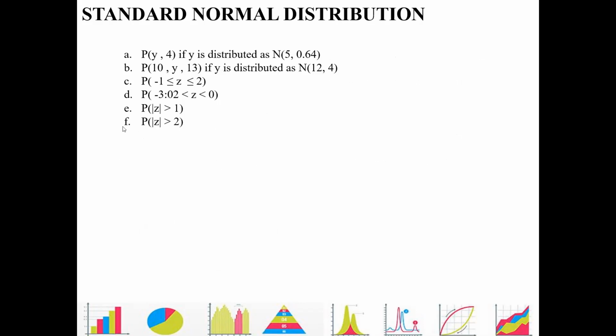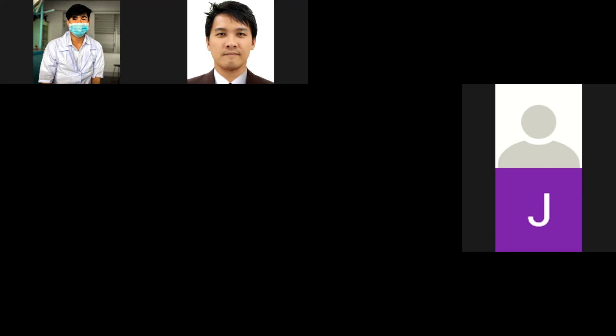Okay, so skip ko muna to. For us to understand this problem, we will go on with our table, which later on, i-upload ko din siya sa ating Google Classroom.